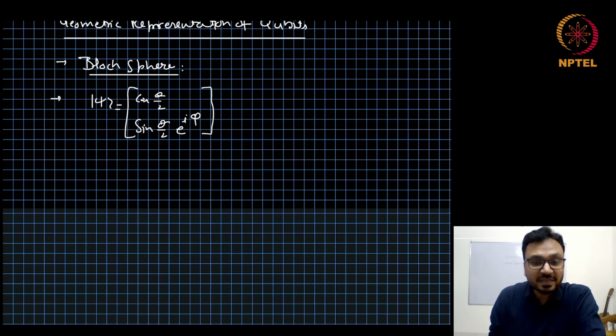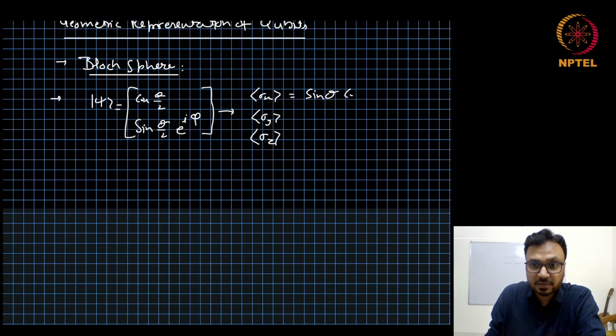This is the mathematical representation of a state of a quantum system, and the experimental representation of that will be the expectation values of sigma x, sigma y, and sigma z, and they are given by sine theta cos phi, sine theta sine phi, cos theta.